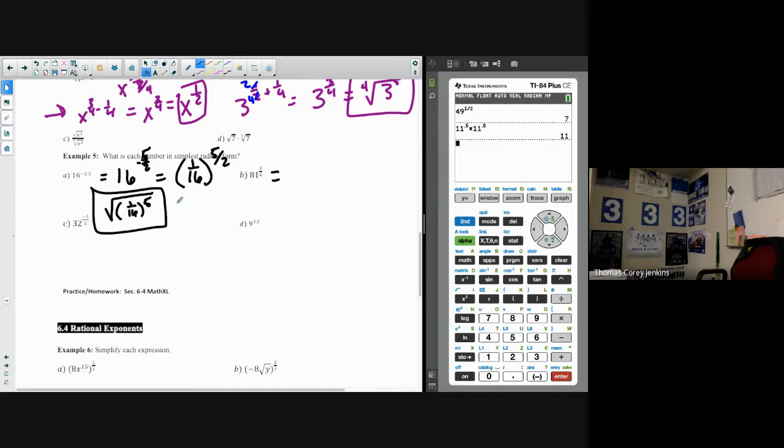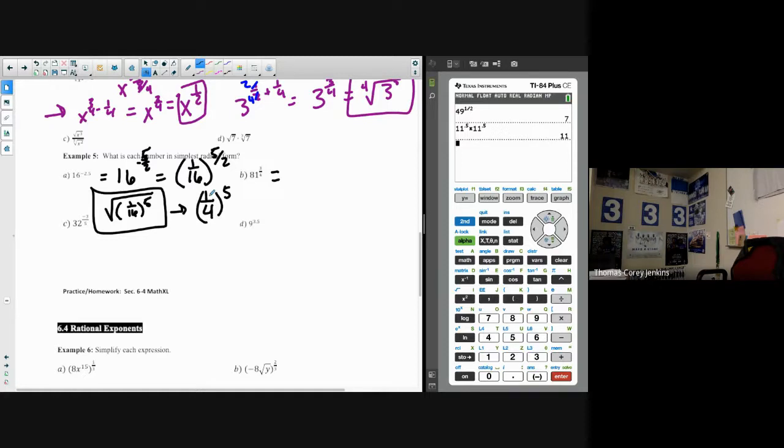So really, the simpler radical form would be 1/4 to the 5th power. I don't really know if they want this one or this one, but those are equivalent, okay?